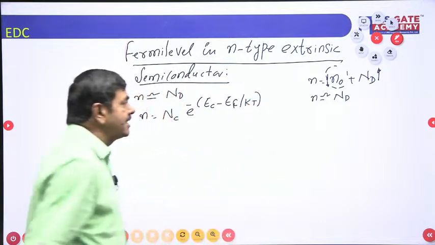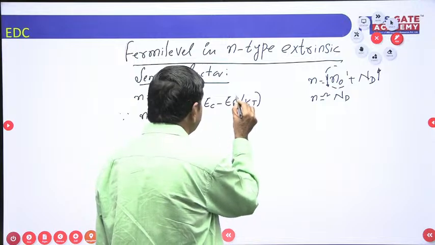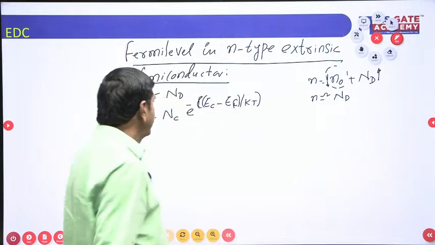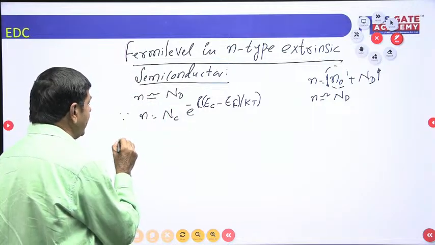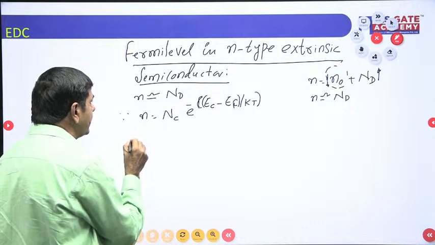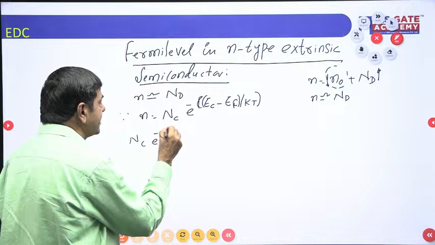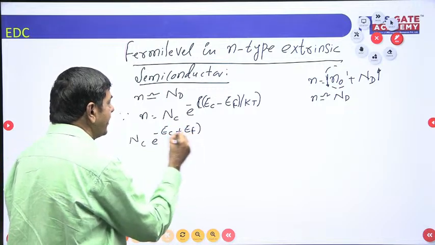You should try to understand, whole divided by kT. But this is approximately equal to Nd, I said. So I can write N is approximately equal to Nd, meaning Nc into e power minus (Ec minus Ef) divided by kT.